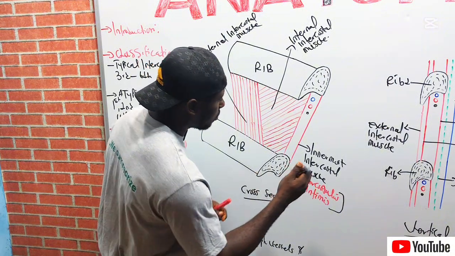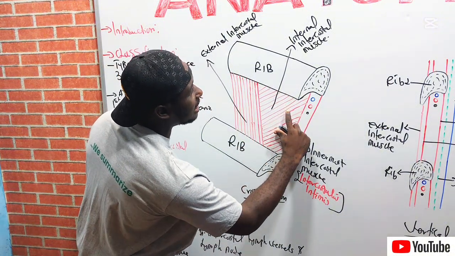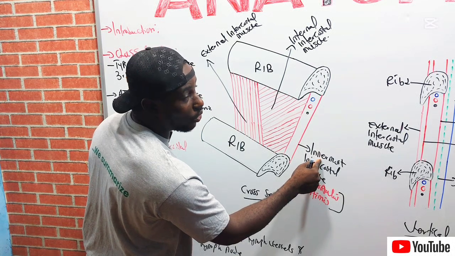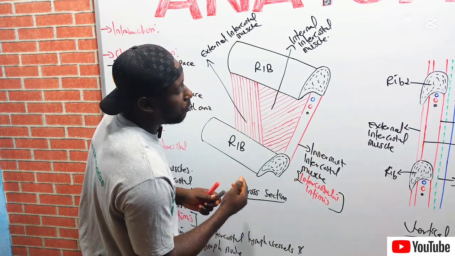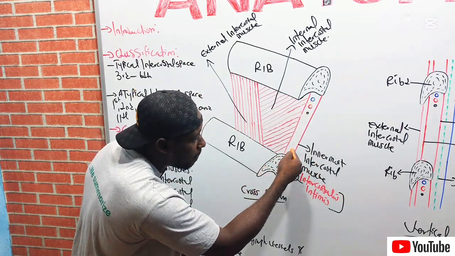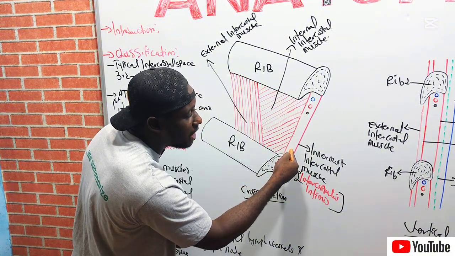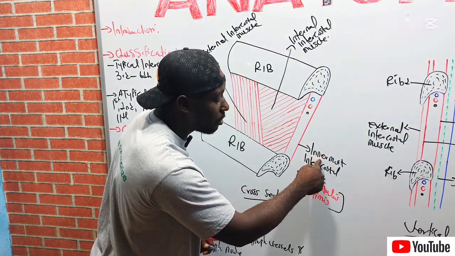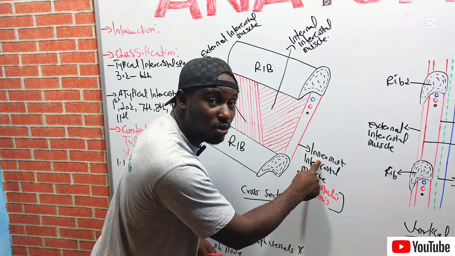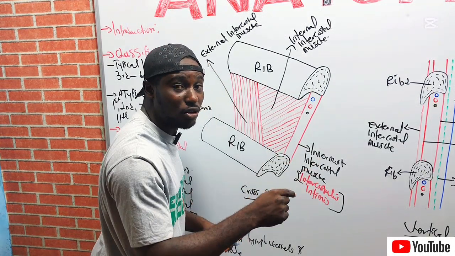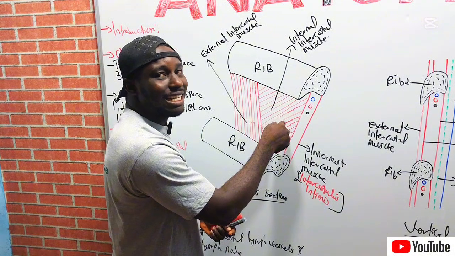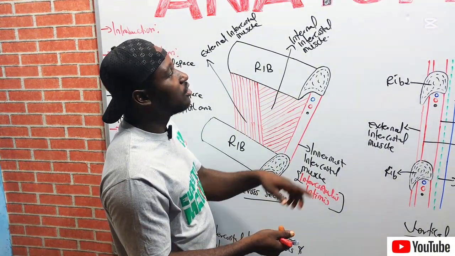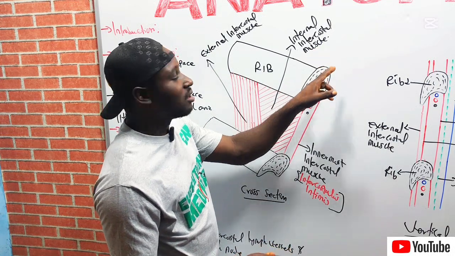Now watch. As you can see, this is the internal intercostal muscle, while this is the innermost what? Intercostal muscle. So they are arranged in a plane between the innermost intercostal muscle, or the deep layer of the intercostal muscle, and the intermediate intercostal muscle, which can be called the internal intercostal muscle.